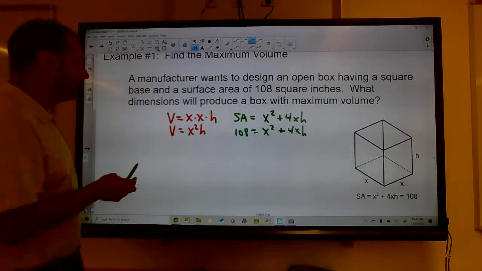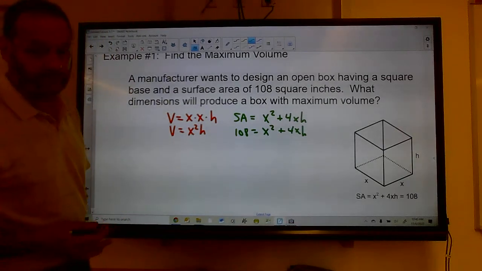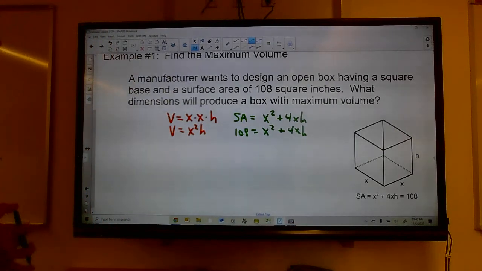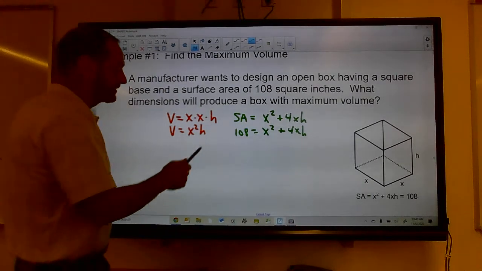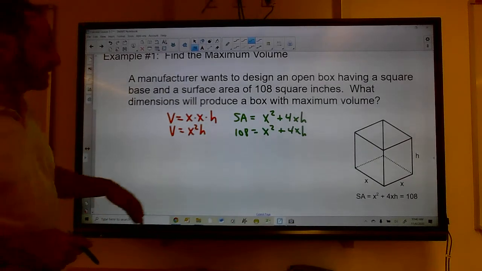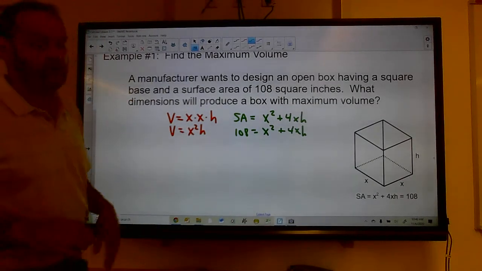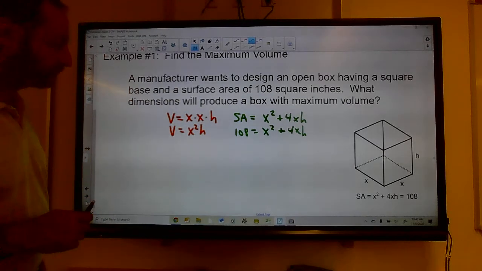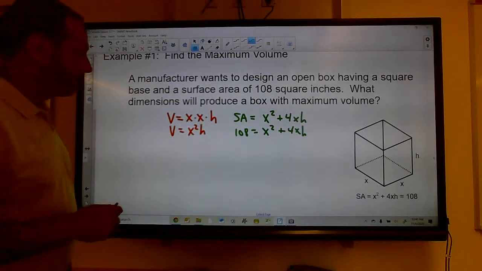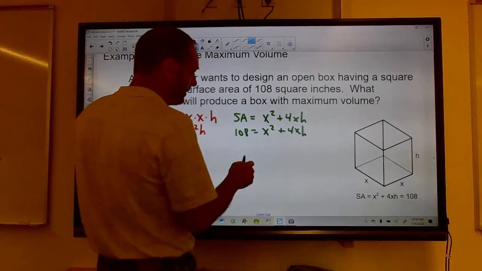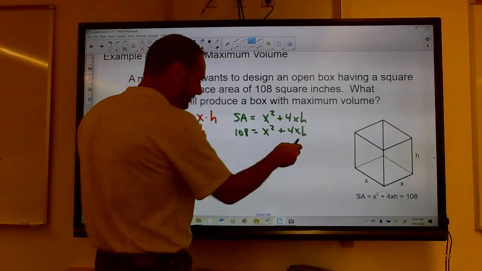Now the problem with using the primary equation is we've got two variables. So we're going to use the secondary equation to solve for that extra variable. In this case, it's going to be h. And then we're going to substitute that into the original equation so that we have one equation that's only got x's in it. Okay? So we'll take this formula right here and we'll solve for h.